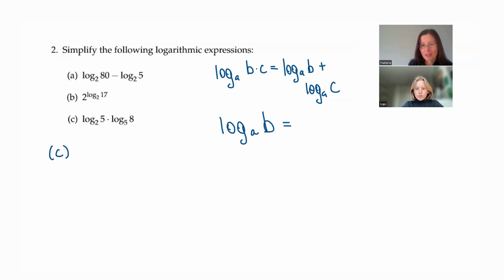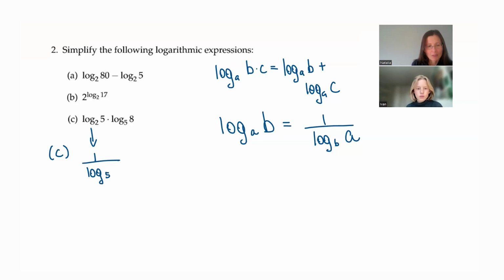We want the reciprocal. It's 1 over, and now we swap them. The argument becomes the base, and the base becomes the argument. Let's do it here. So we're going to do it for log base 2, yeah? Therefore, when we flip it, we're going to have 1 over log 5 of 2. Very good.